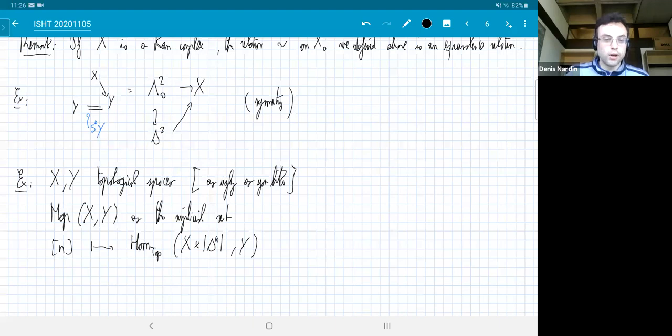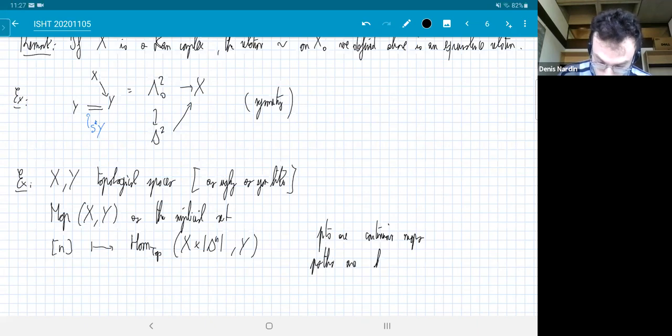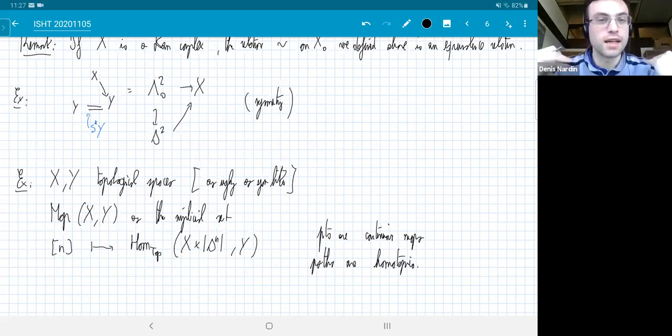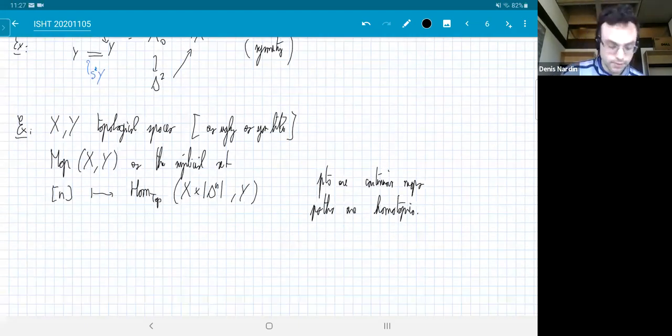And notice that here points are exactly continuous maps, and paths are homotopies. So there's the intuition that homotopies are paths in some space. Here we can make it precise. Now, it's true that if X and Y are compactly generated, this is literally Sing of the mapping space. But the fun part is that this makes sense even when X and Y are not compactly generated, and you still get a meaningful object.